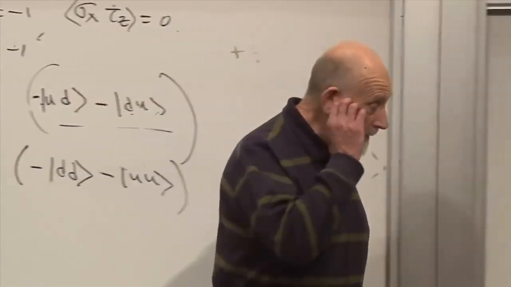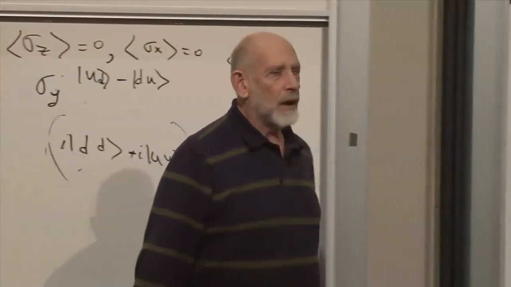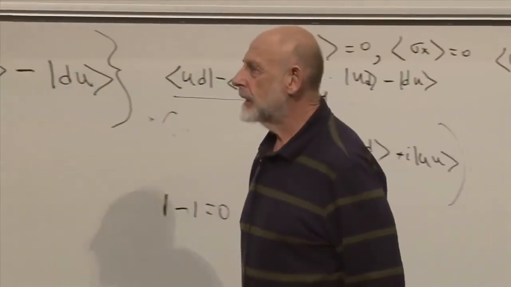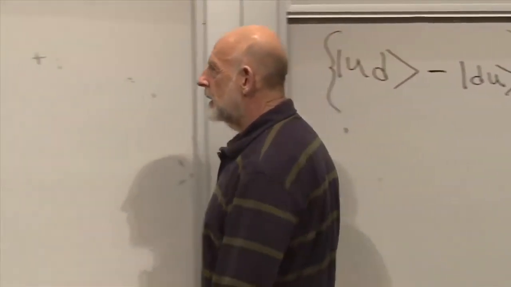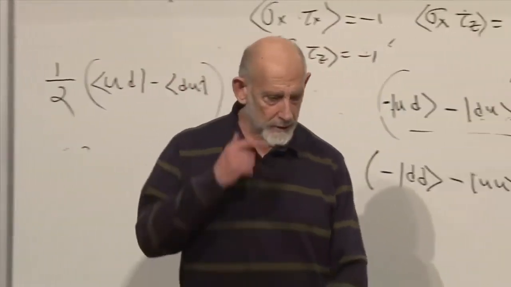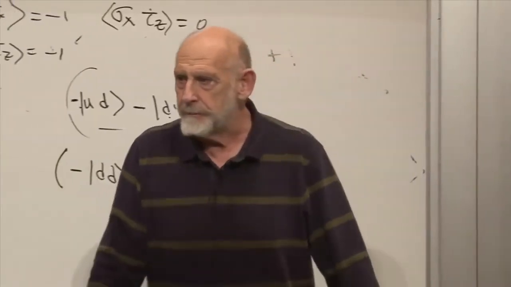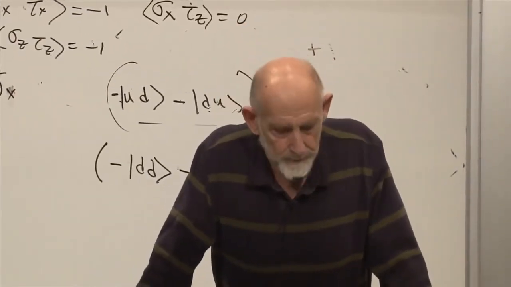Okay? I can say it another way. Here's a way to say it. Imagine you had a computer and you tried to simulate on that computer the quantum mechanics of a single spin. Now here's the way you would simulate it.